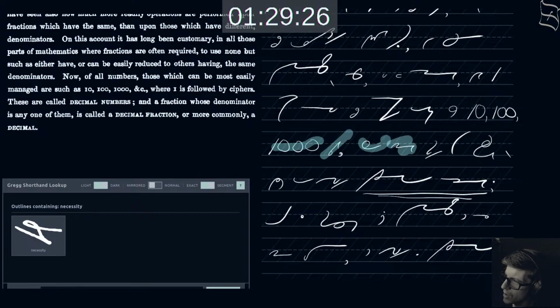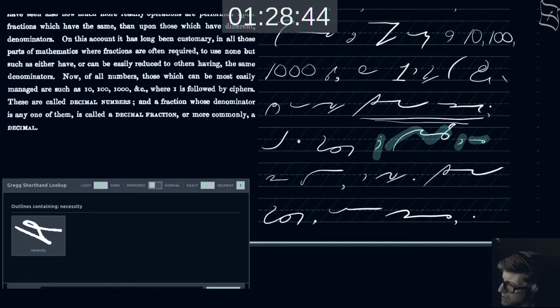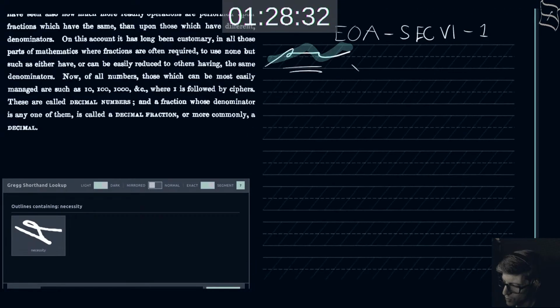Where 1 is followed by ciphers. These are called decimal numbers, and a fraction whose denominator is any one of them is called a decimal fraction, or commonly a decimal. Okay, moving on.